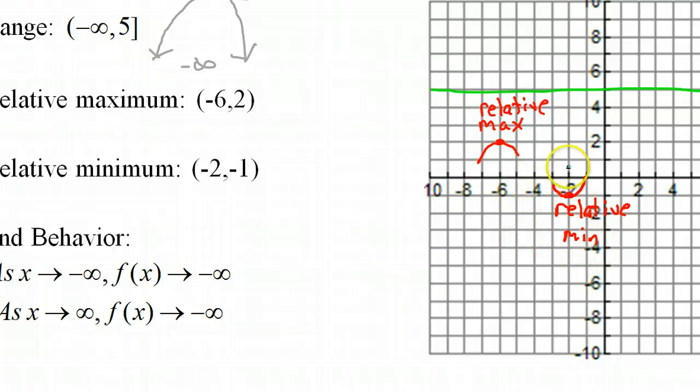Okay, so let's see if we can make all this happen in what we have so far. So there has to be a little hill here, but then this green line right here, remember, this is the range goes up to here, which is good because this is only supposed to be the relative max, not the highest point on the graph. So the highest point will come up and hit this range that goes up to 5.